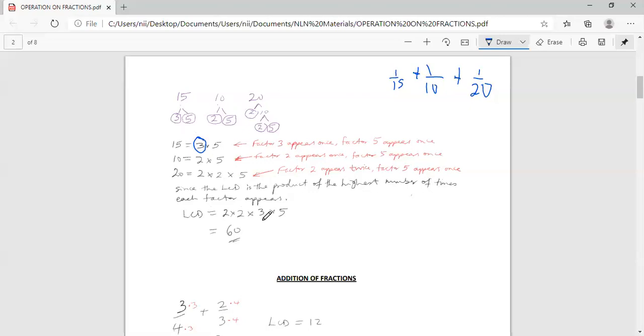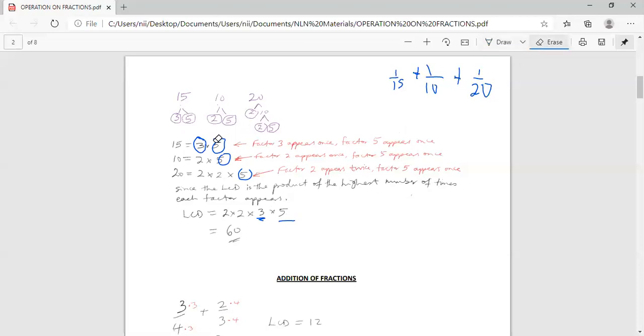Now what about 5? It appears once here, once here, and once here. So the highest number of times it appears is once.